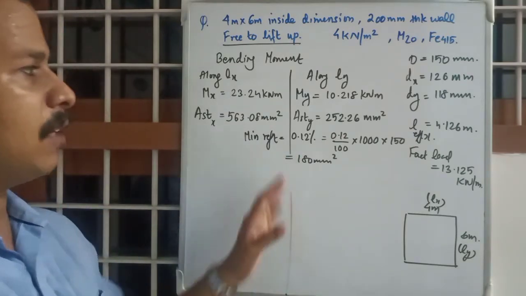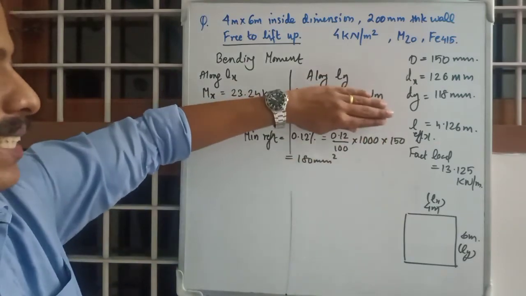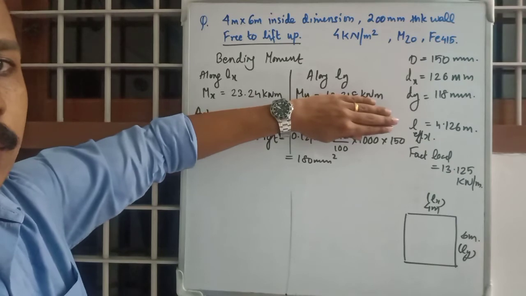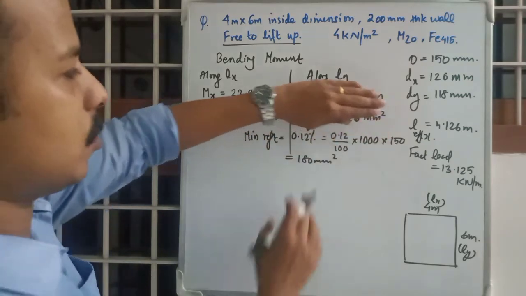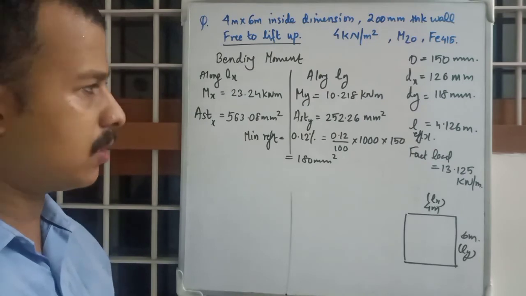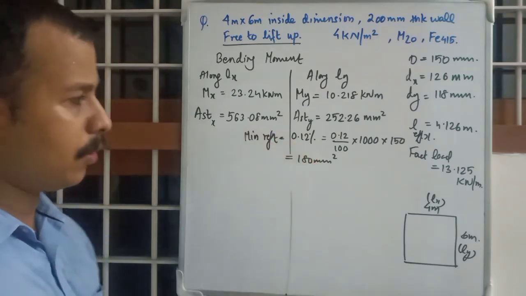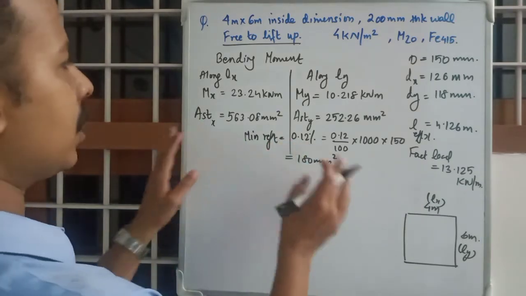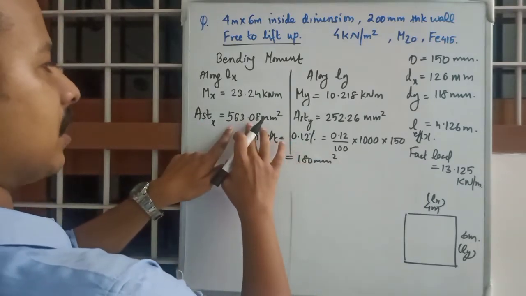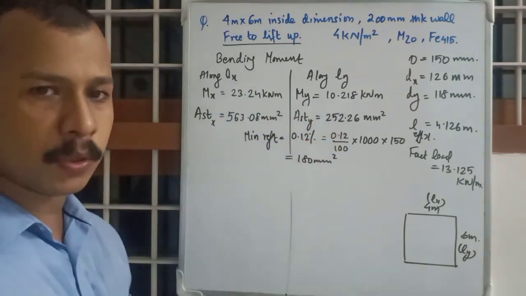If not, suppose this Asty is less than 180, suppose it was 160, then what will we do? We will take Ast as 180. Okay, it's like we do in all cases. There will be requirements. If it exceeds, we will be taking the requirement itself. Okay, so in this case it's safe. We don't need to alter anything. We will just take 563 and 252.